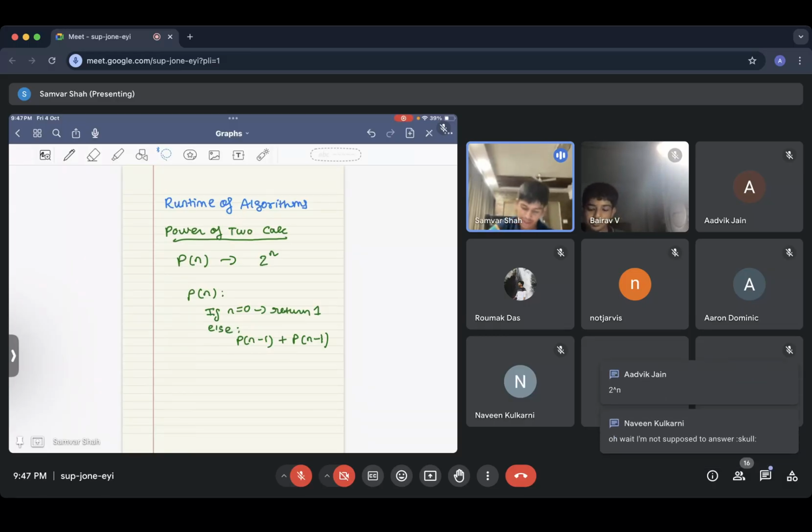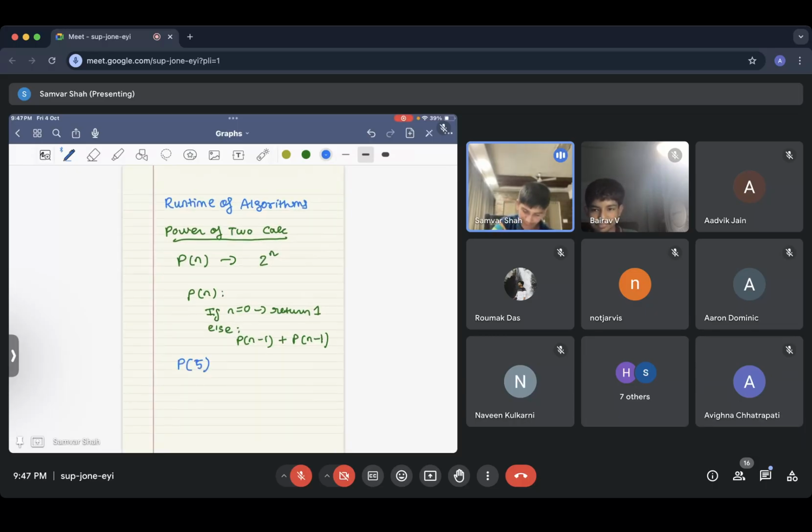Because what you're doing is, if you want to calculate, say, P of 5, you divide this as P of 4 and P of 4. And then here you would go P of 3, P of 3. Here you'd also go P of 3, P of 3.